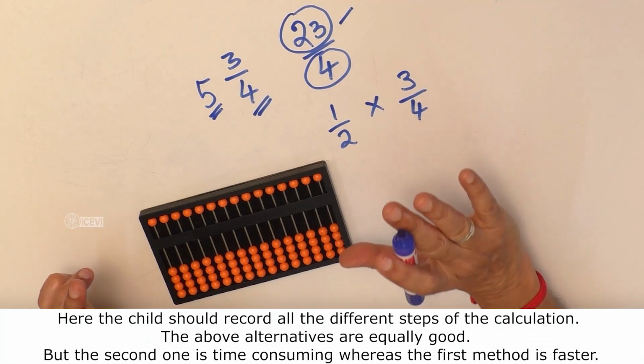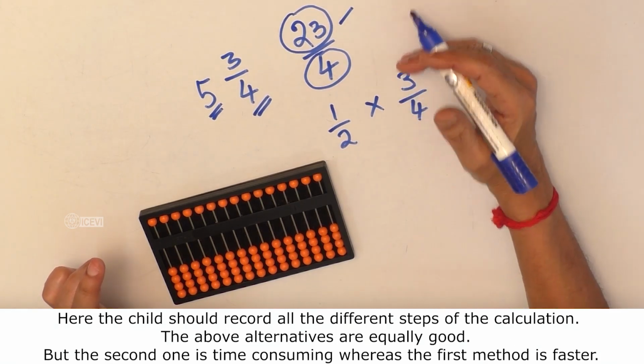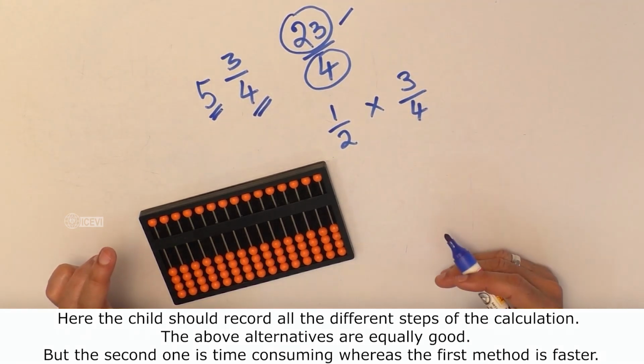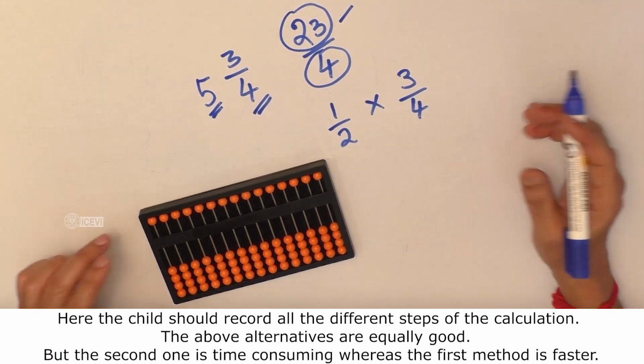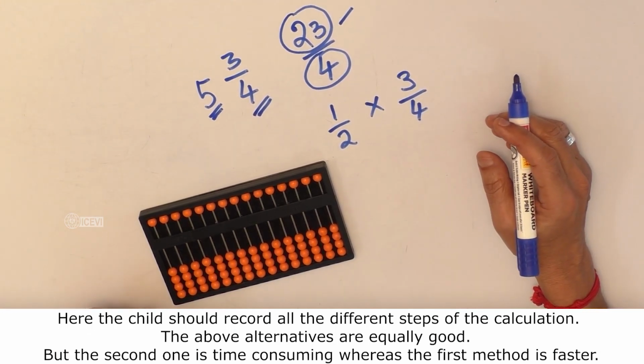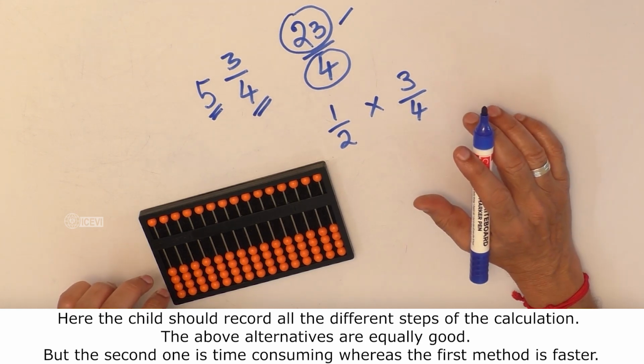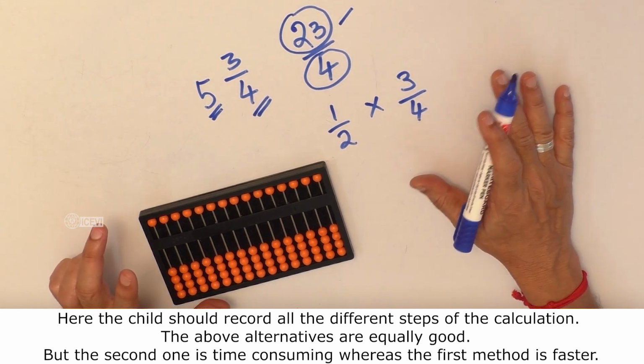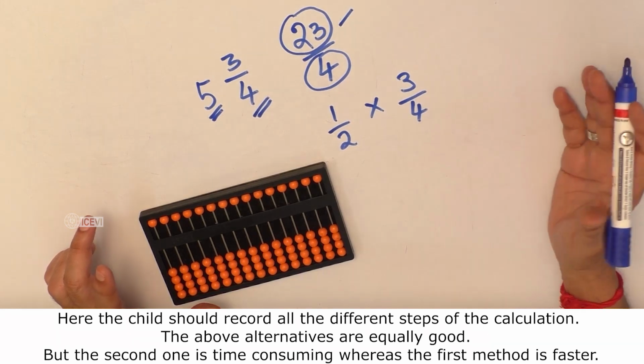Here, the child should record all the different steps in the calculation. The above alternatives are equally good, but the second one is time consuming, whereas the first method is faster.